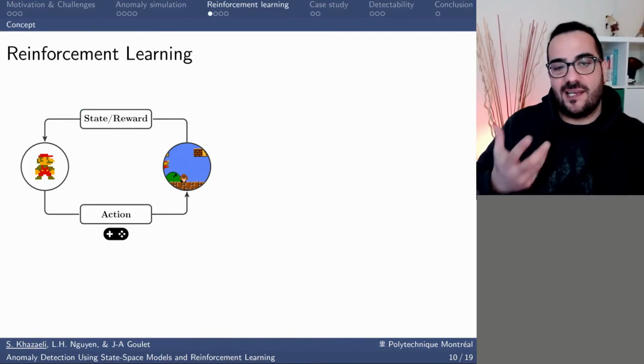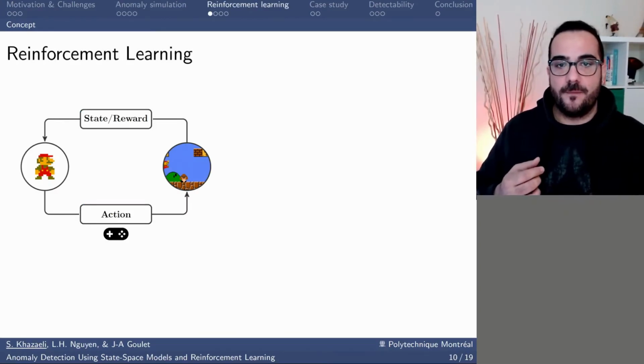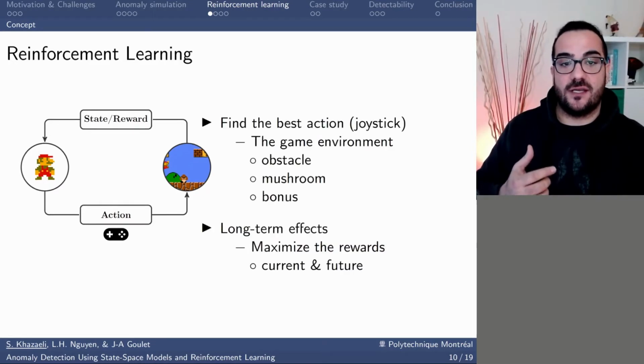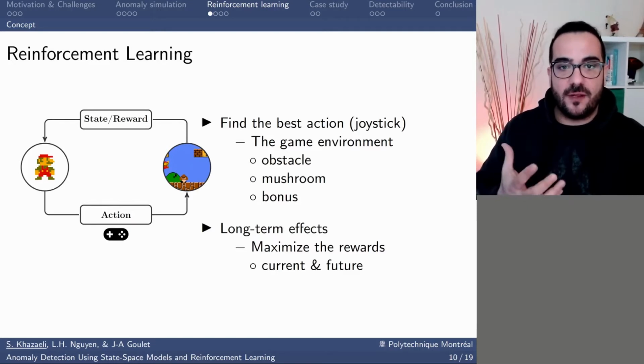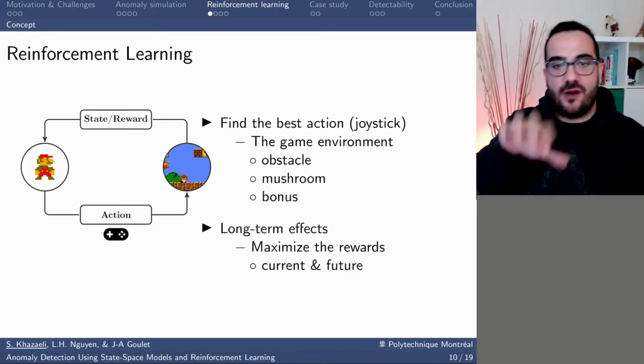Let's take a game of Super Mario as an example. The objective of Mario, or the agent, is to find the best action using the joystick inside the game environment. The environment has obstacles, mushrooms, and bonuses. At each time step, what you want to do is to use the joystick to make the action and move around the environment.